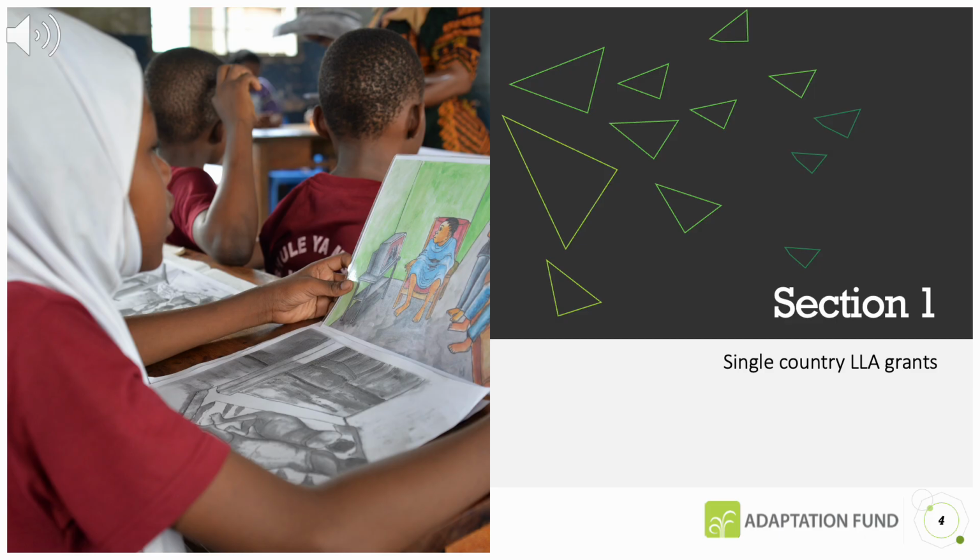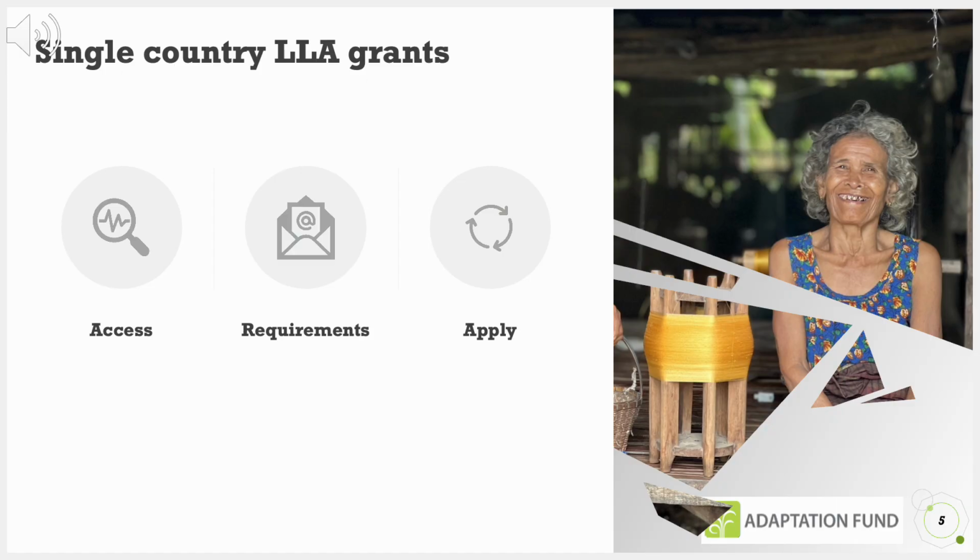Section 1. The Single Country LLA Grants Window. This training focuses on the Single Country LLA Grants Window, available to accredited national implementing entities, NIEs, regional implementing entities, RIEs, and multilateral implementing entities, MIEs, of the Adaptation Fund.